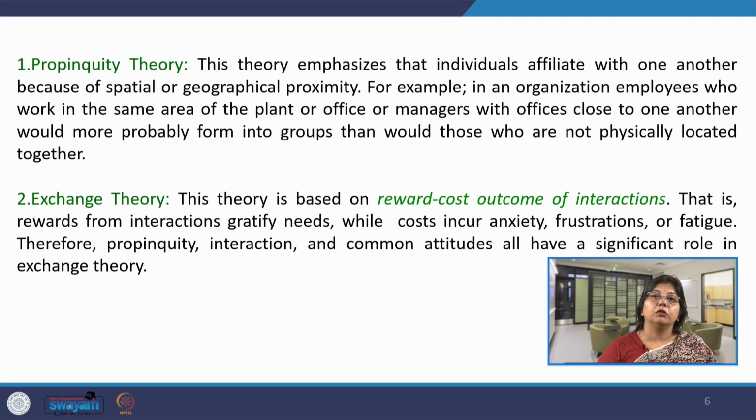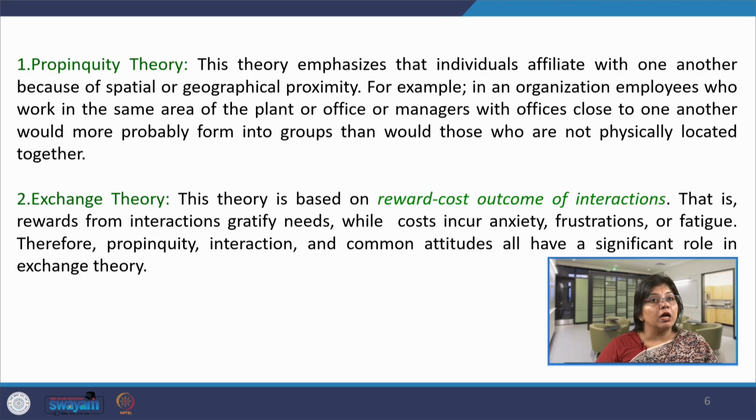So, Propinquity theory. This theory emphasizes that individuals affiliate with one another because of spatial and geographical location. It is so obvious to understand that when we are working in any organization, we have our own spaces, and when we are very close to our co-workers in terms of space, we tend to get more chance to interact with them, because spatially we are close to each other, and this leads to formation of groups.